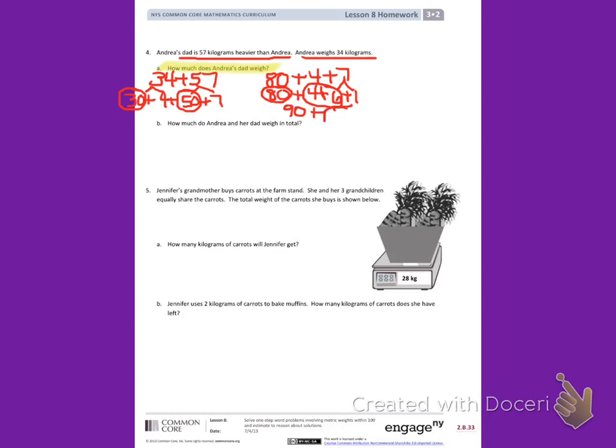So now we have 90 plus 1 is 91. So how much does Andrea's dad weigh? Answer it in words. Andrea's dad weighs 91 kilograms.